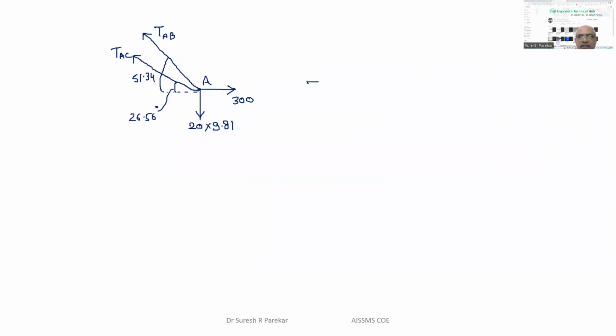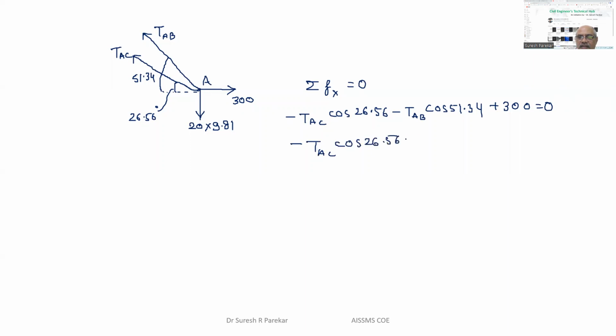Now we will write summation Fx equal to 0. Then we have minus TAC cos 26.56 minus TAB cos 51.34 plus 300 equal to 0. And then we will have minus TAC cos 26.56 minus TAB cos 51.34 equal to minus 300.